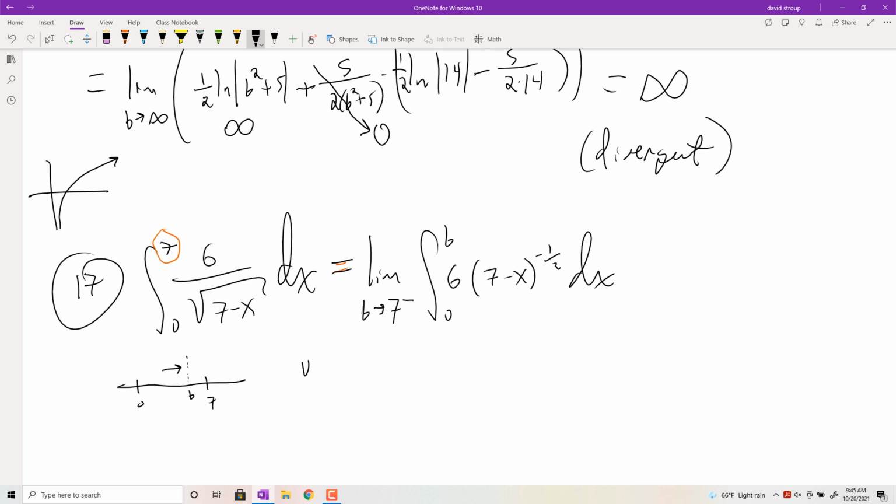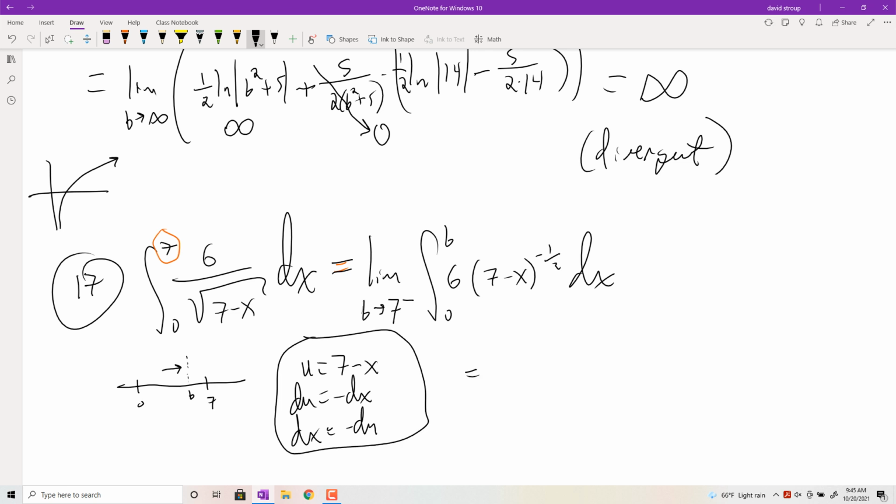Okay? So I'm going to u sub on 7 minus x, du will be negative dx. So dx will be negative du. So rewriting my integral now, I have some sort of limit of the integral of 6 times u to negative 1/2 times negative du.